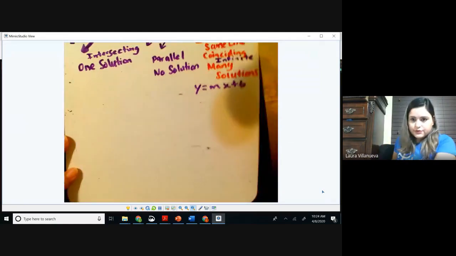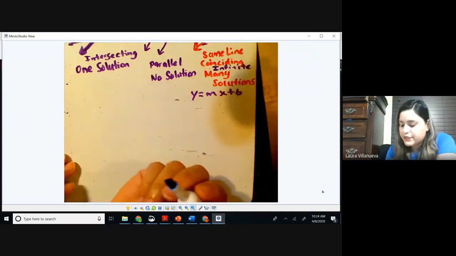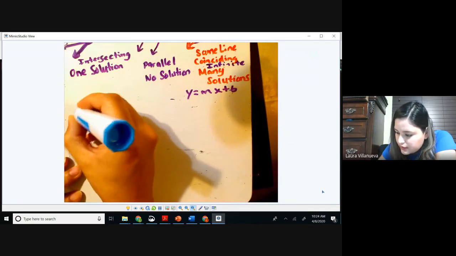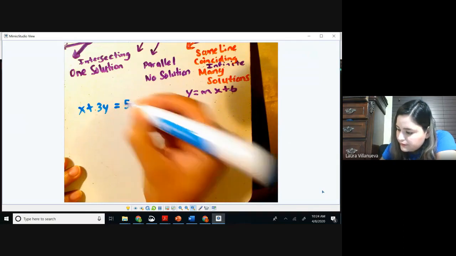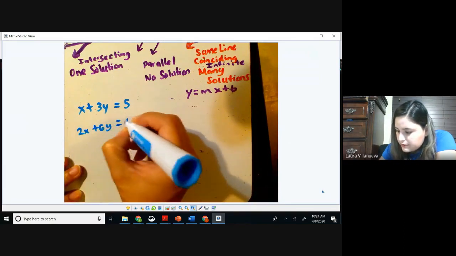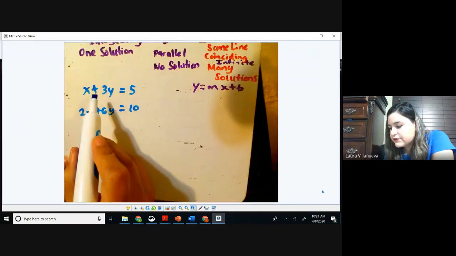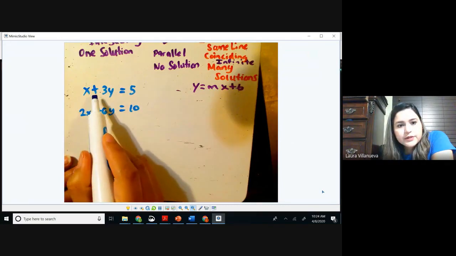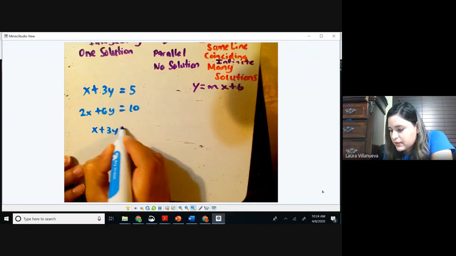You want to leave it in y equals mx plus b so that you can check the m for each one. Okay, so then I'm going to do this. x plus 3y equals 5, and 2x plus 6y equals 10. First things first, you want to put it in y equals mx plus b. I'm going to move the x and divide by 3. So x plus 3y equals 5.